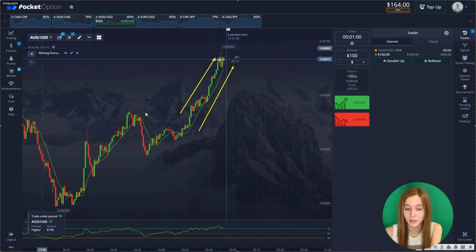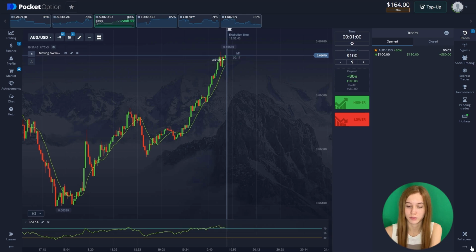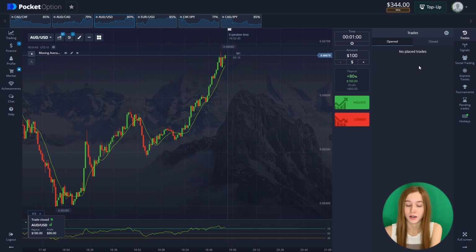So we opened correctly. RSI is in the down position because of a red candle. We are near the overbought zone. Great, plus, the deal profit is $80.